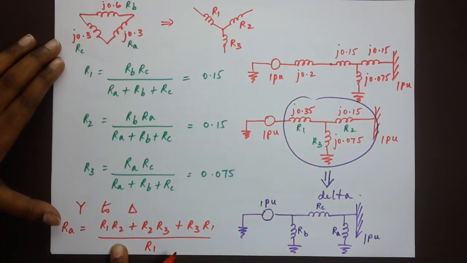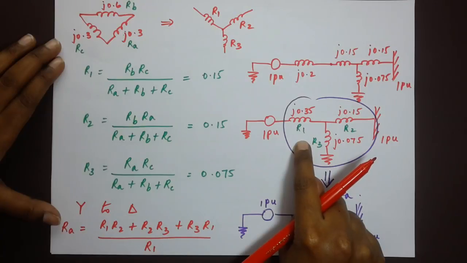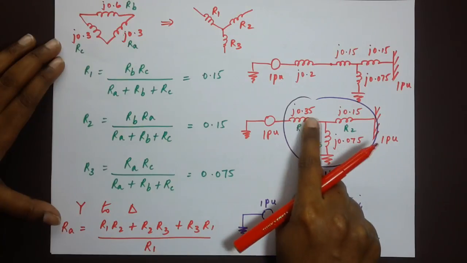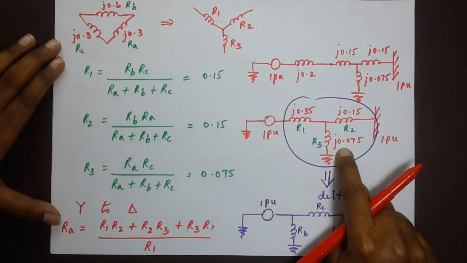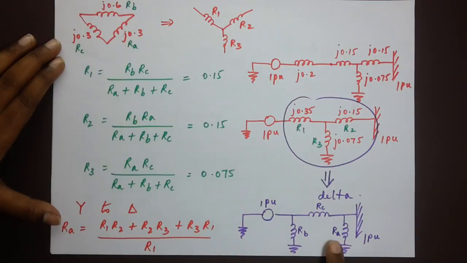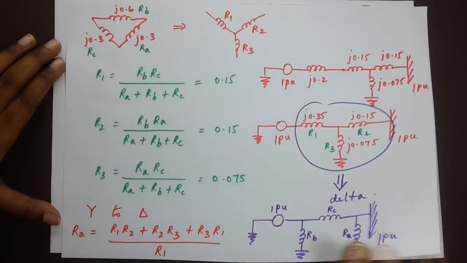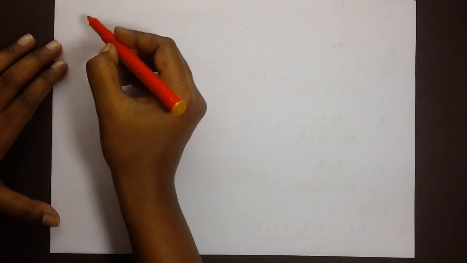Once we have this formula, we can substitute the values from the previous equivalent circuit. R1 is 0.35, R2 is 0.15 and R3 is 0.075. So we'll have the values of RA, RB and RC. Let me flip this over and work it out here.